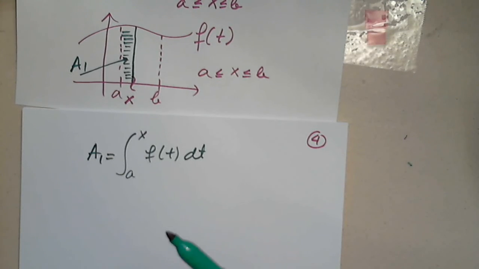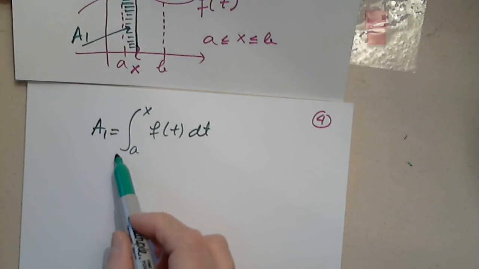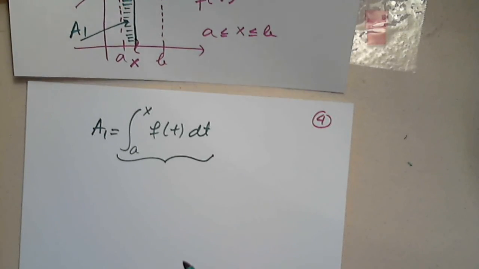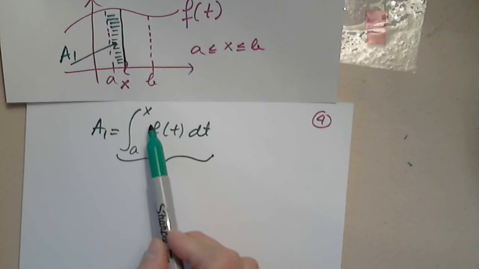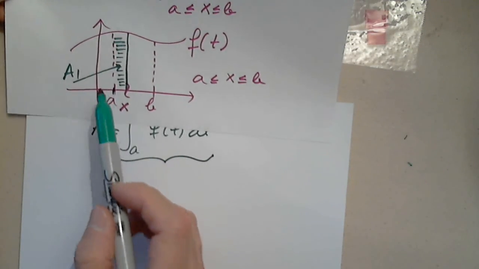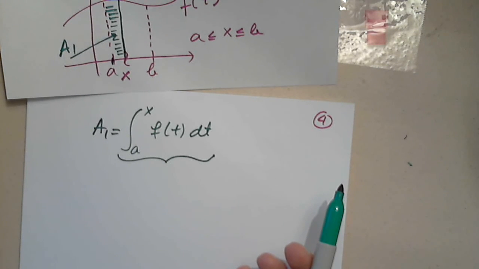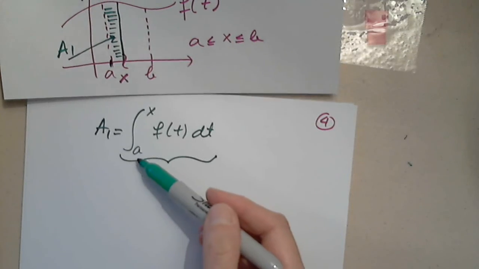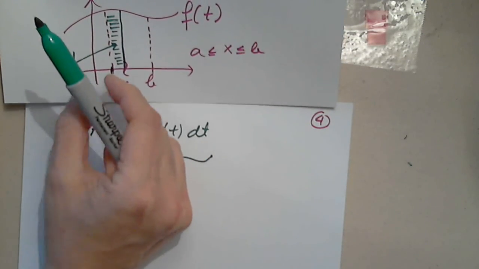Why not? Perfect. It's correct. But now I would like you to look at this carefully, because I'm going to ask what happens with this value if x is a. You will say it must be 0, correct? The integral from a to a from f of t dt will be 0 because there is no width.